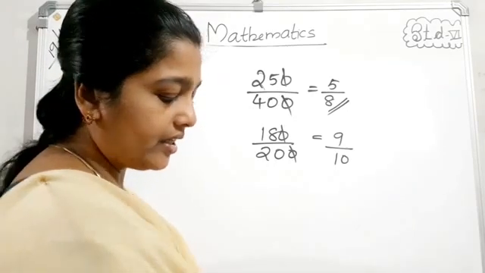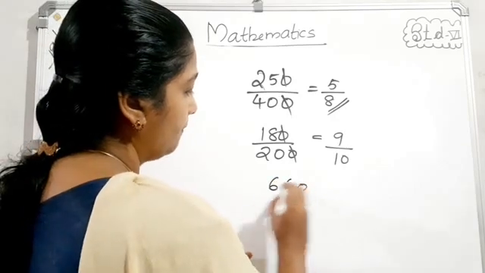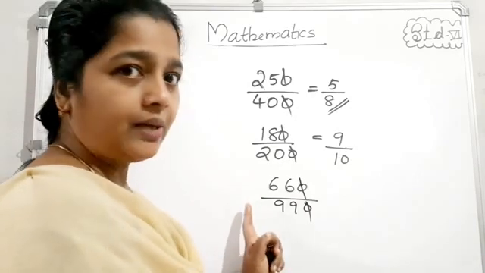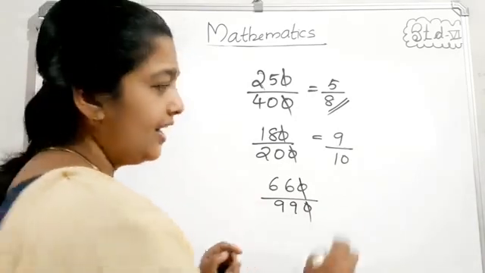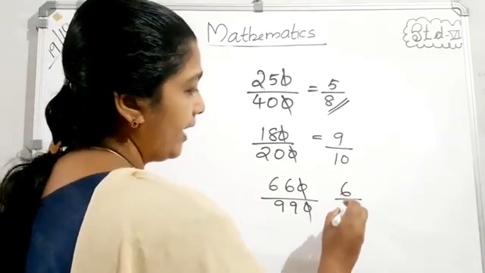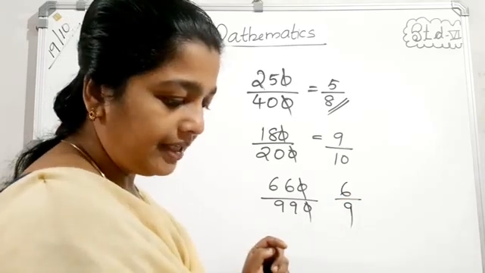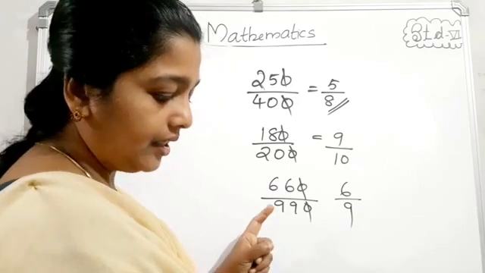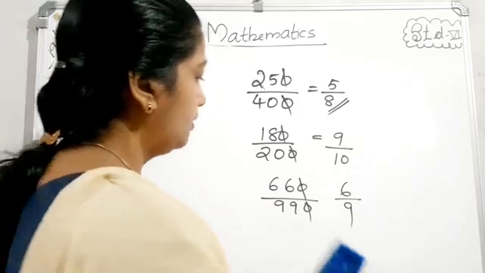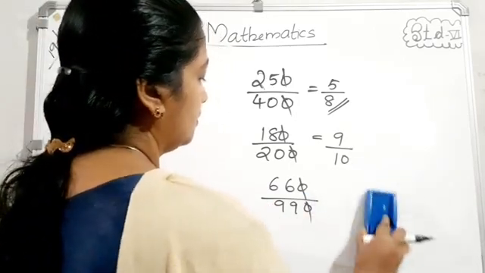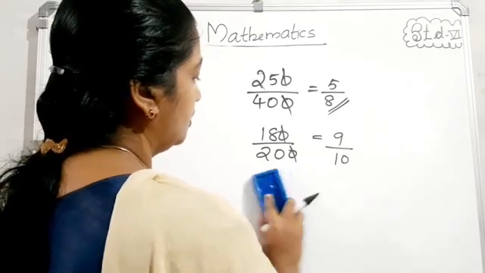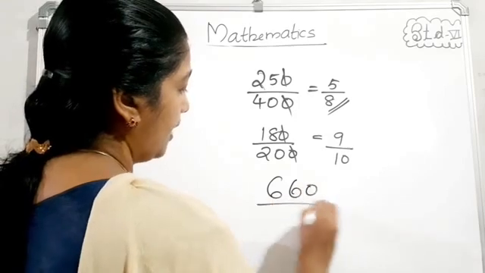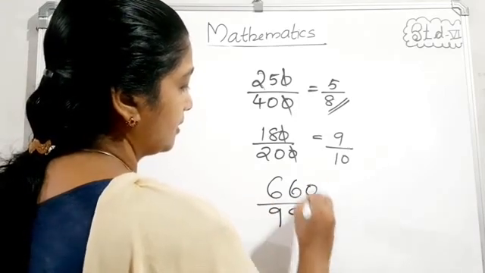Next, 660 by 990. Which multiplication table? 11. 11 into 6 and 9 into 11. That is 6 by 9. Sorry, once more. Listen. Once more, question, 660 by 990.